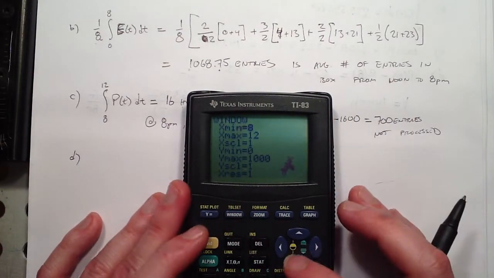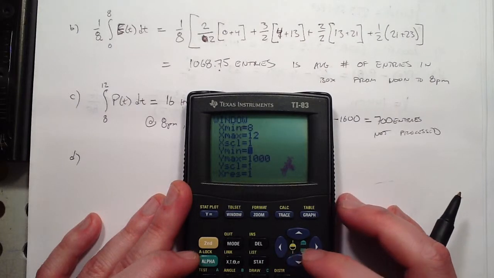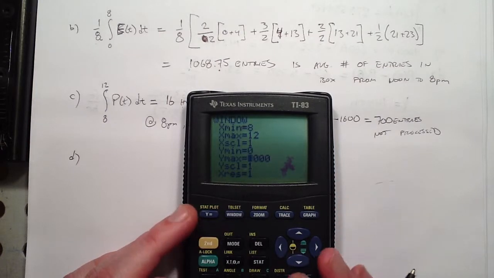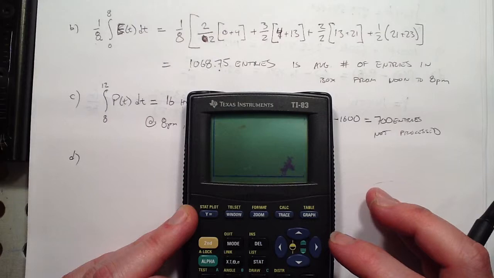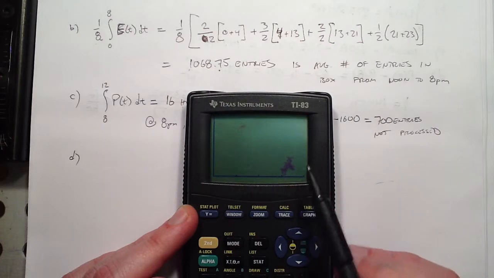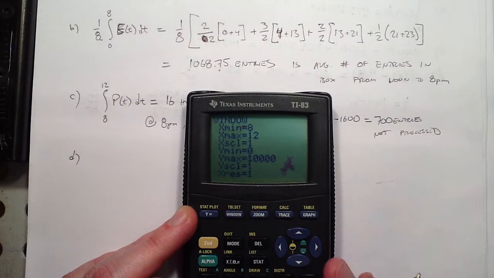Let's go back to the window here. We did 8 to 12, and y minimum of 0, y maximum of, could we have not made that big enough? That seems strange. And maybe did we make it too big? That also doesn't seem right. Let's see.